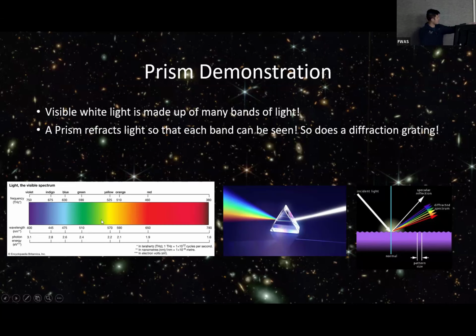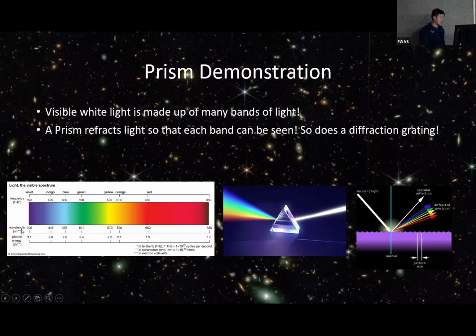Now I want to turn to this right here. This is a lot more detailed than the spectrum we saw before, and this is on the visible spectrum. The reason I added this is because it shows some key relationships that we want to keep in mind. On the left-hand side, we have our violet, which is the highest frequency, 750 terahertz, 10 to the 12.